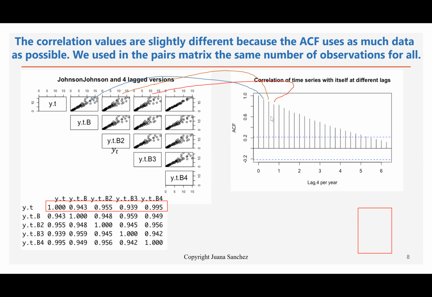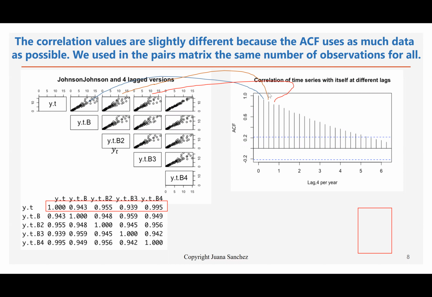So this vertical line is just giving us an indication of what the values of the correlation in the first row of the correlation matrix are, and in these plots. So for this one, the second plot on the top of the pairs matrix is representing the same thing, the correlation that is represented by the value at the top of this vertical line.